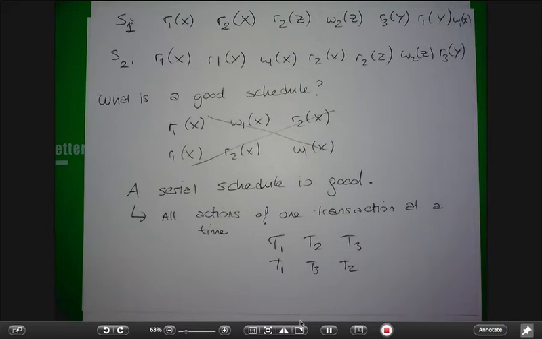Okay? So if I execute one transaction at a time, then this is acceptable to me, right? That was the whole rule of isolation. But of course, I don't want to execute one transaction at a time. I want to execute transactions in such a way that it is serializable.